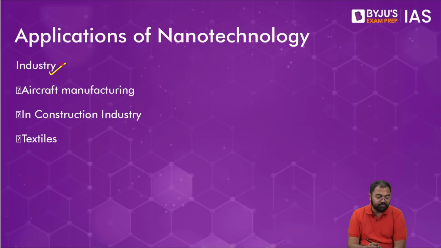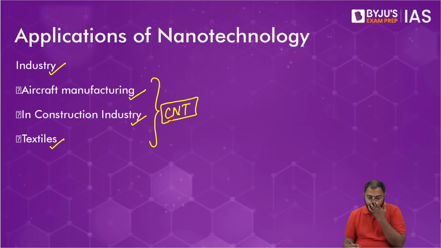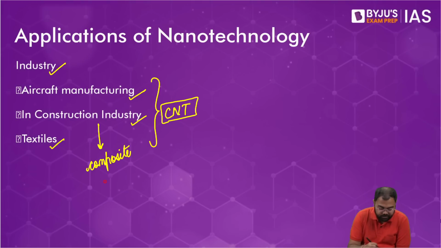Then in various industries, for example, in aircraft manufacturing, in construction industry, in textiles, all these again largely carbon nanotubes. In all these, carbon nanotubes can become useful because we discussed making composite material. So they can be used in making these composite materials.